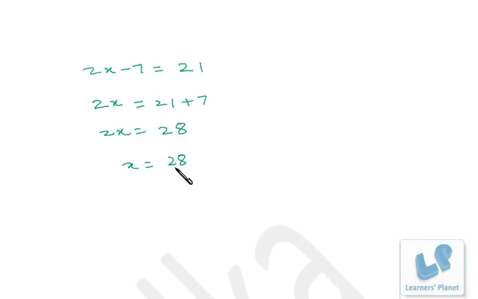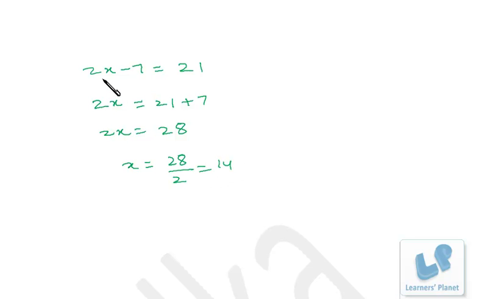I take one more example. Say 2x minus 7 is equal to 21. First of all we have to take this minus 7 to this side, so it will be plus 7. So 2x is equal to 21 plus 7 is 28. Now 2 is in the numerator, so here it will be in the denominator, so x is 14.